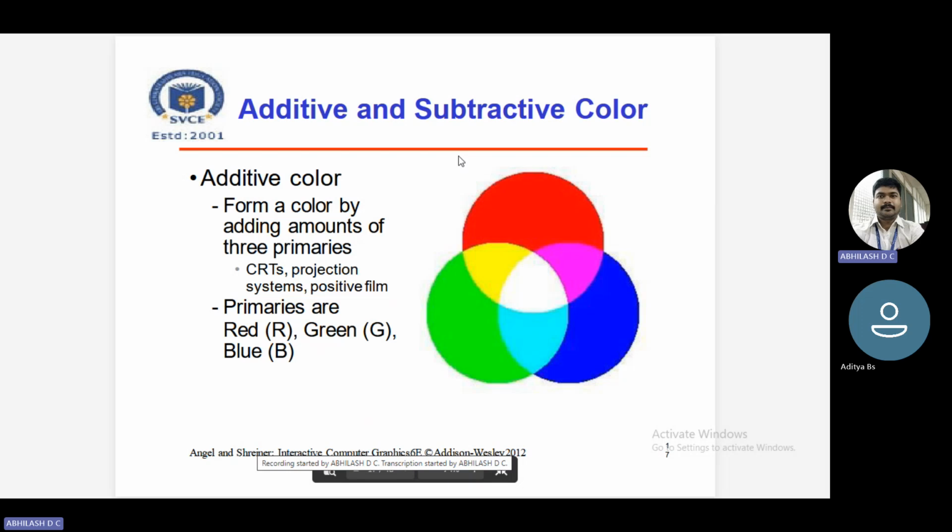So we have the primary colors and the secondary colors. The primary colors are called the additive colors, meaning what exactly we get if I have the primary colors, which are red, green, and blue, right? By multiple combinations of red, green, and blue, we get multiple other colors, right?